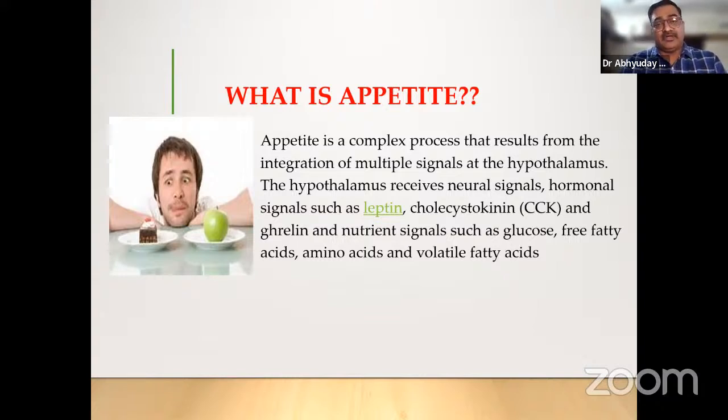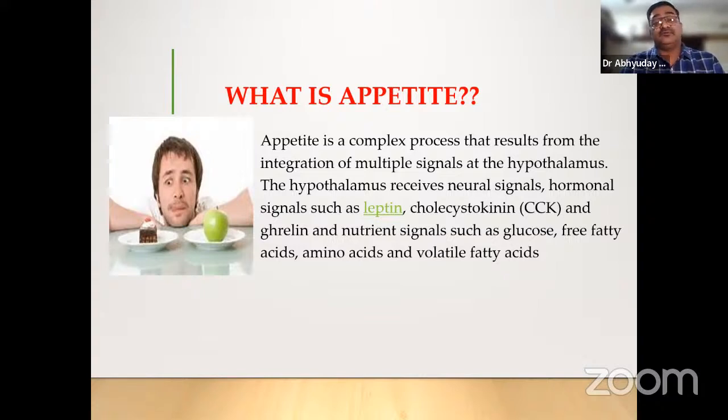So what is appetite? Again, as I told you, it is basically the balance between hunger and satiety from the hypothalamus signals. Appetite is a complex process that results from the integration of multiple signals at the hypothalamus.